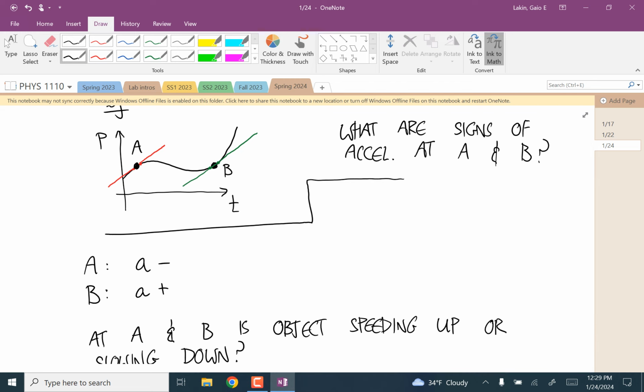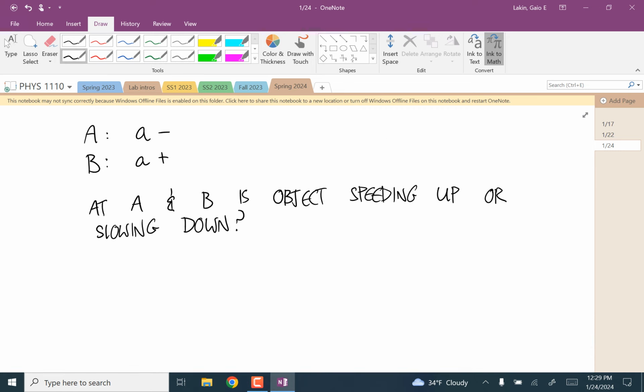So in both of these two cases, the velocity is positive because that has a positive slope. So at the point A, we have that the velocity is positive and the acceleration is negative. So is the object speeding up or slowing down at the point A? Yep. So these are opposite signs.